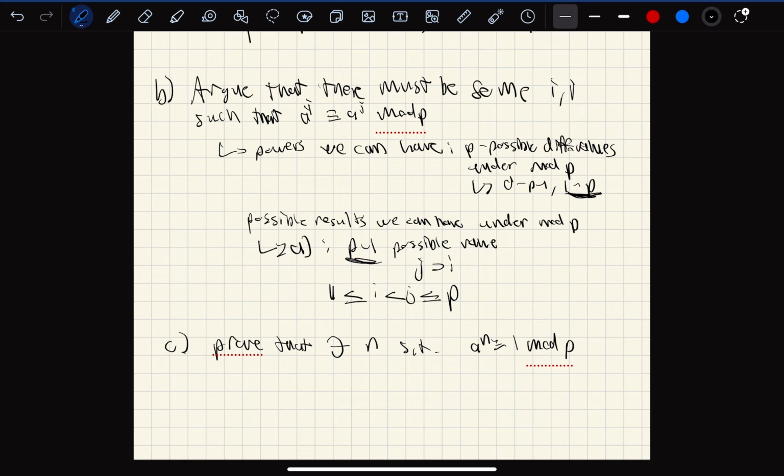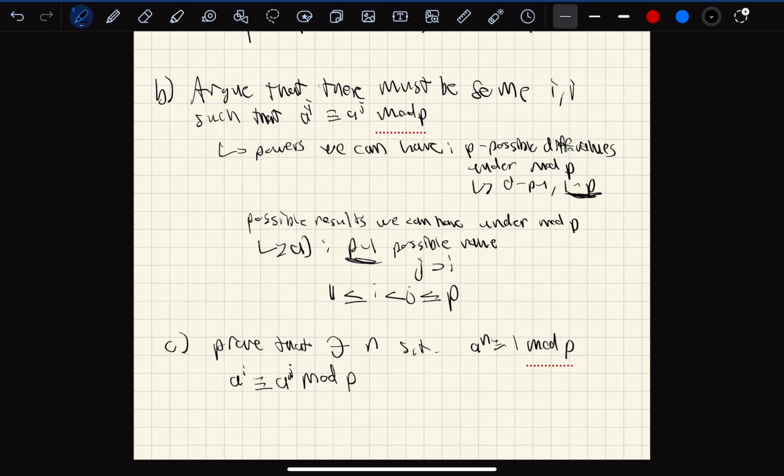Here, what we're going to do is use what we had above, where we proved that there are going to be two different powers that have the same resulting value under mod p. And we're going to use some algebraic manipulation to prove that this works.